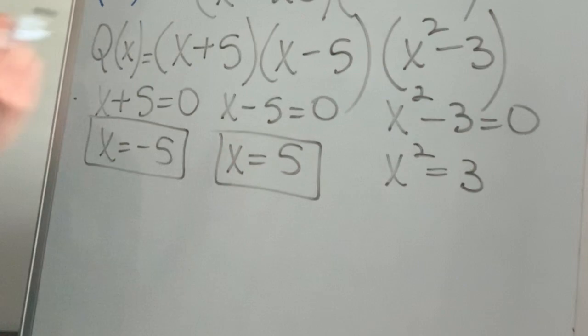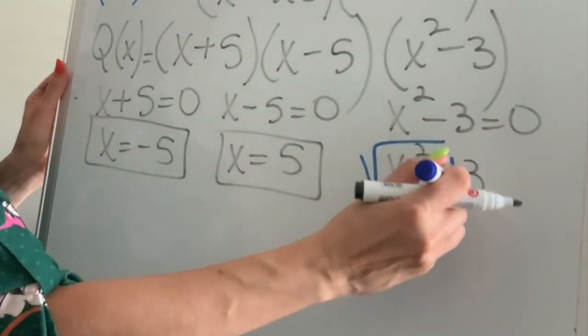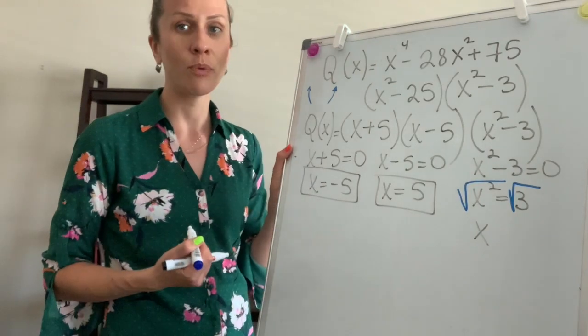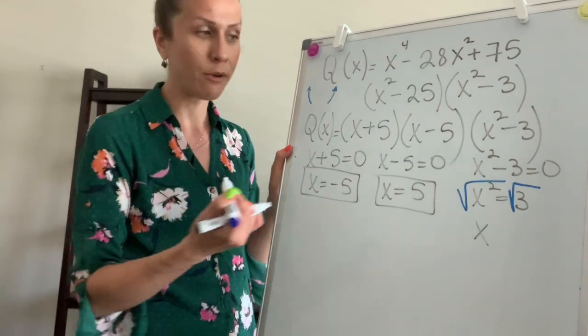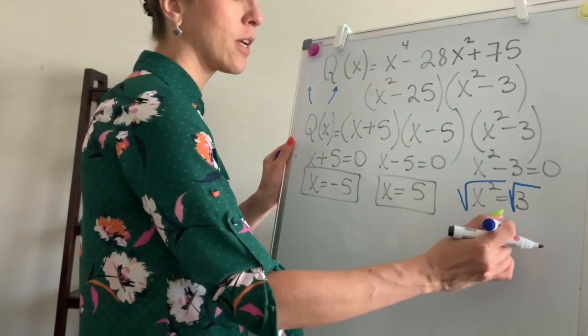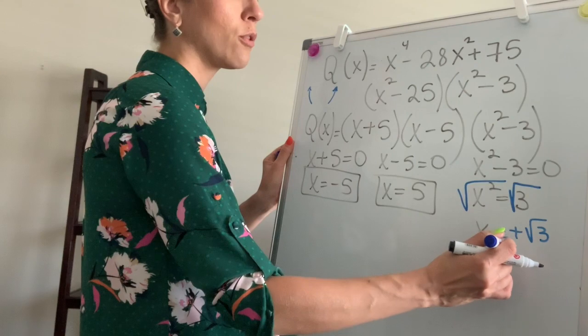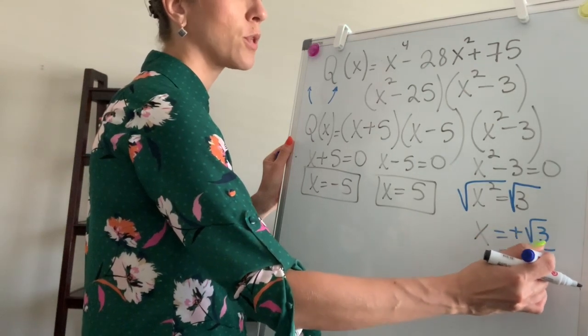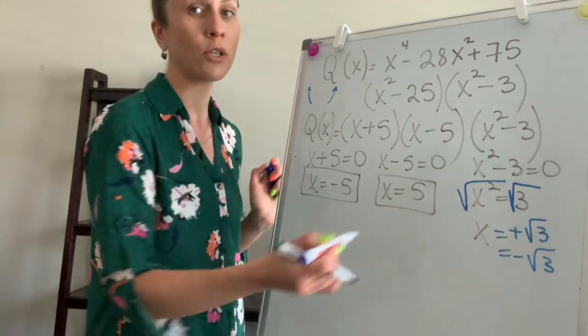The left side produces an x, and the right side produces two answers, a positive square root of 3 and a negative square root of 3. So x is either positive square root of 3 or negative square root of 3. This factor produced two separate zeros for us.